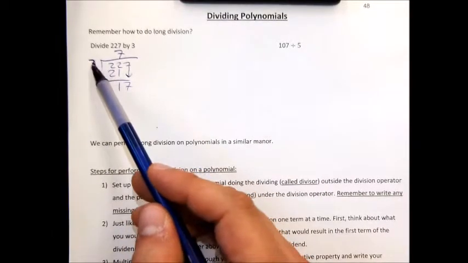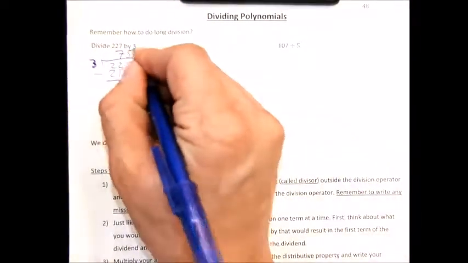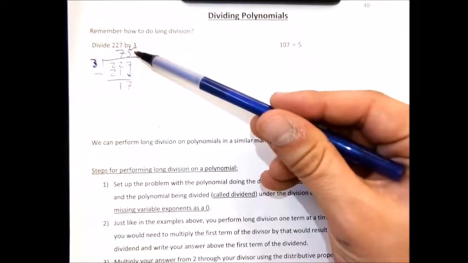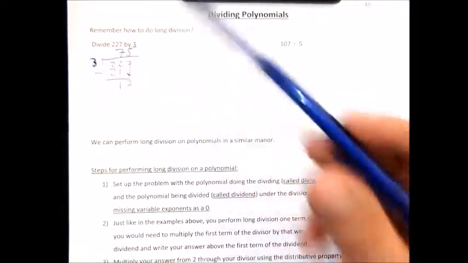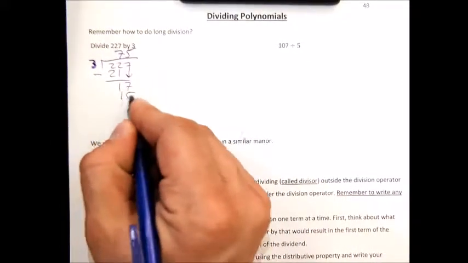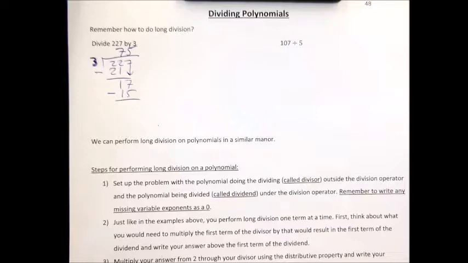Then you say, 3 goes into 17 how many times? That goes in 5 times, so you put a 5 up top. Then you multiply that 5 back through the 3, and 5 times 3 is 15. Then we do the subtraction: 17 minus 15 is 2.